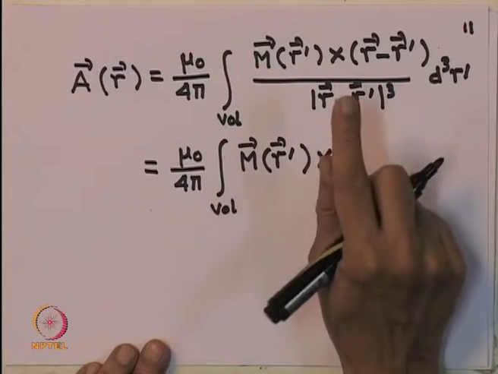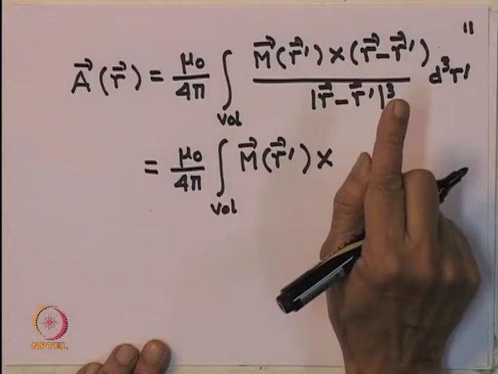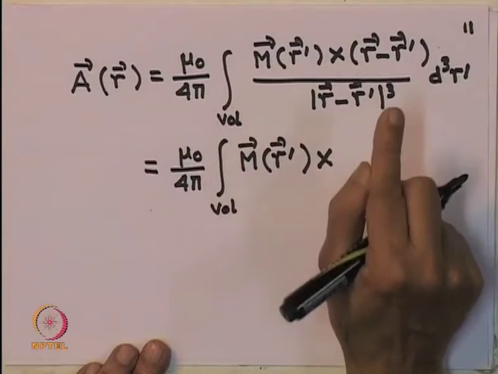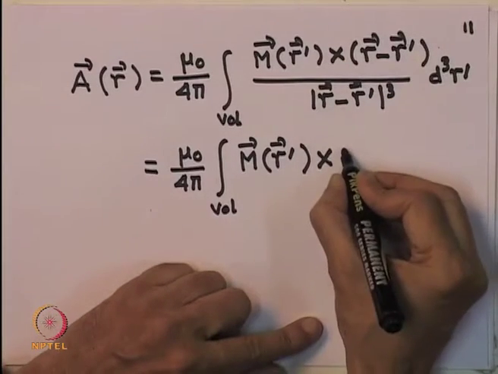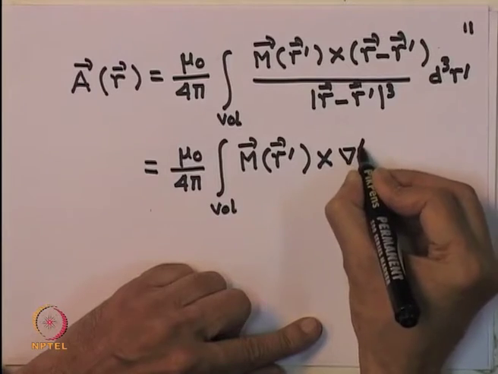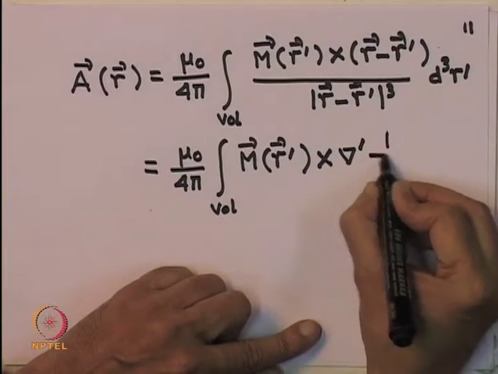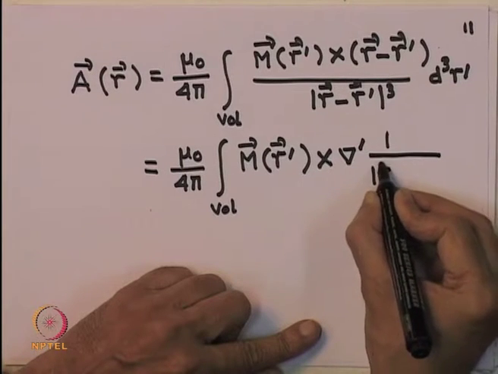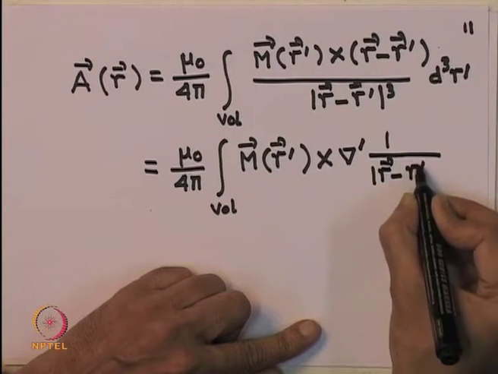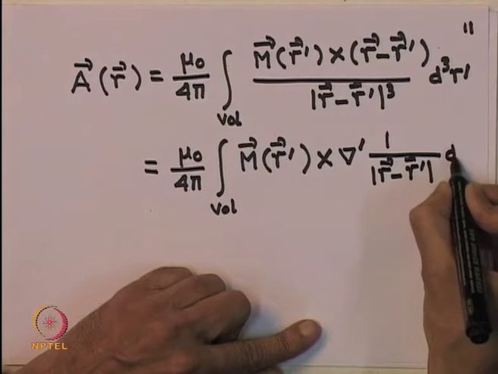Since my position r here is a fixed position, I am going to take care of the negative sign by taking the gradient with respect to r prime, which I am denoting by a prime there, and I will write it as 1 over r minus r prime, d cube r prime.